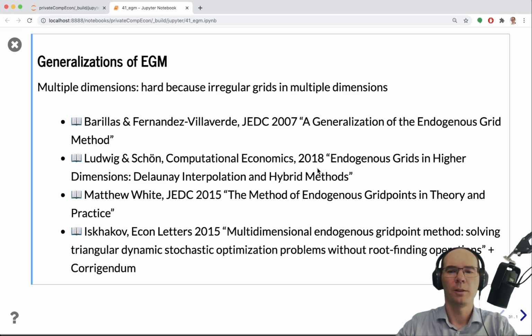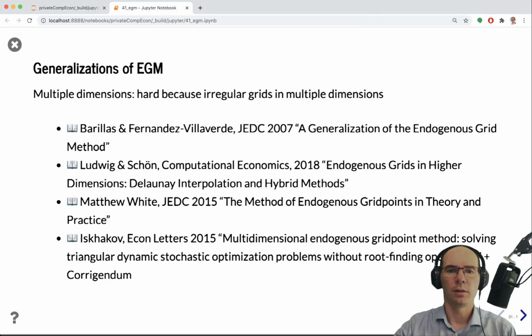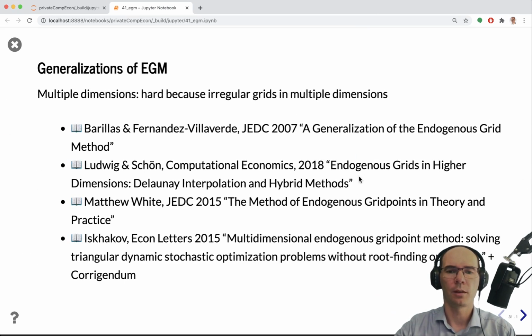It was published on studying how the multidimensional EGM, which requires complicated interpolation, would be slowed down. So yeah, here we're talking about the multidimensional generalizations, and they are hard because irregular grids require a lot more time to be operationalized.